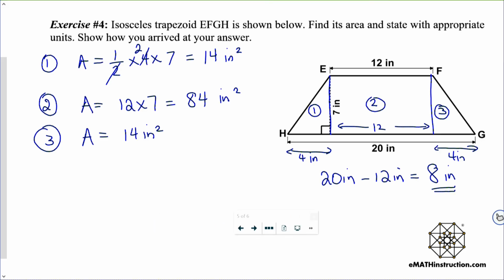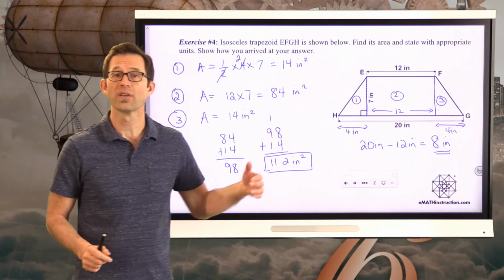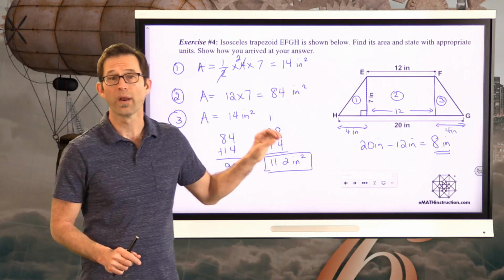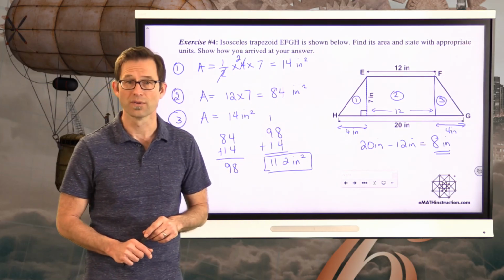All right, in which case now all I have to do is take my 84 square inches, add to it 14, that will give me 98 square inches, take my 98, add another 14, and that will give me 112 square inches. Likewise, you could also take the two 14s, add them together, get 28, take the 28, add it to the 84, and also get 112 square inches.